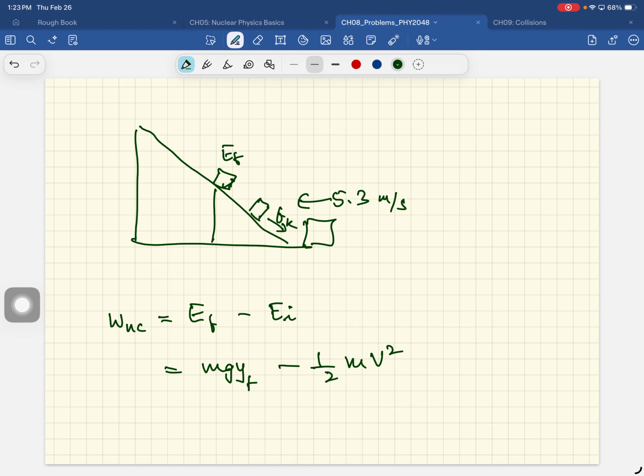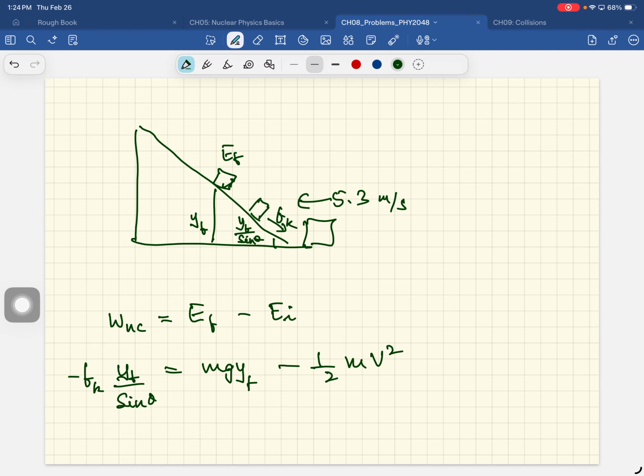And the friction force does, so this is Y final. And this distance is Y final divided by sine 30, sine theta. So the friction force does minus mu k times mg cosine theta times the distance, Y final over sine theta.